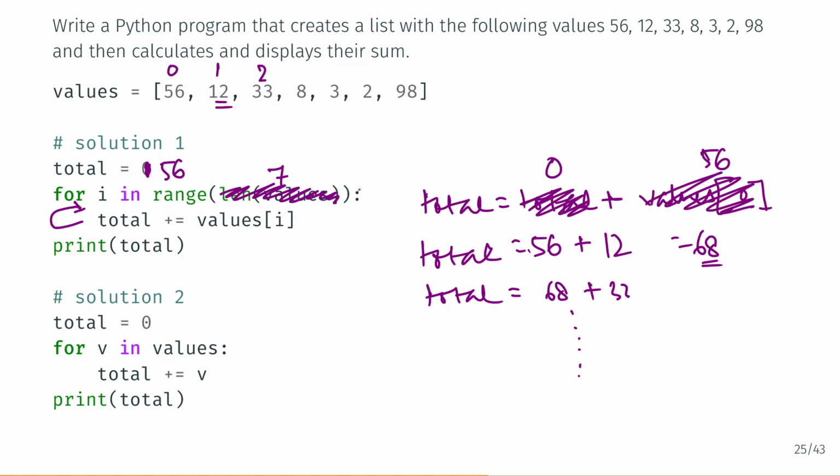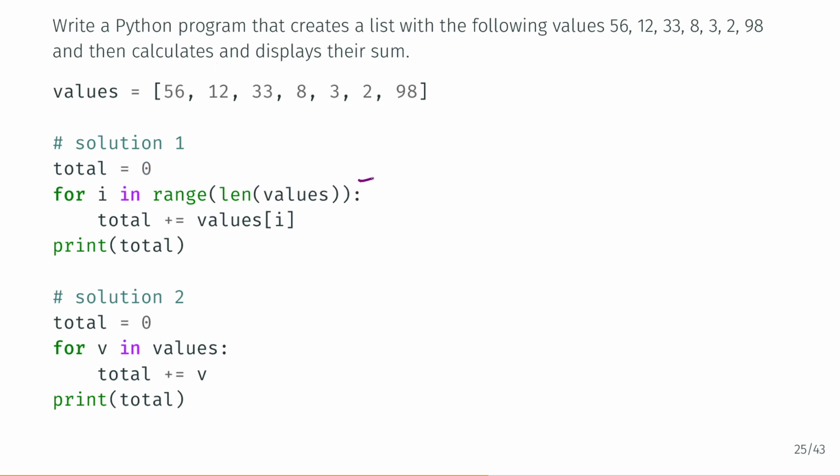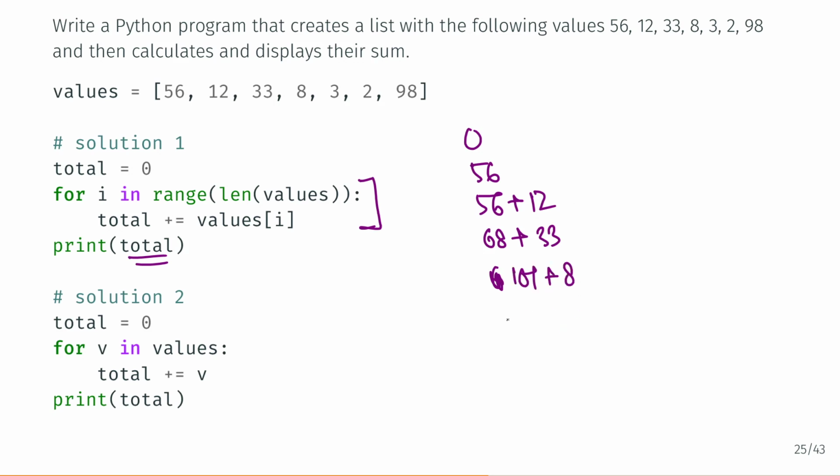So by the time you're done with this loop, total will start with 0, and then will contain 56, and then 56 plus 12, which is 68, and then 68 plus 33, which is 101, plus 8, that's 109, 109 plus 3, and so on and so forth.